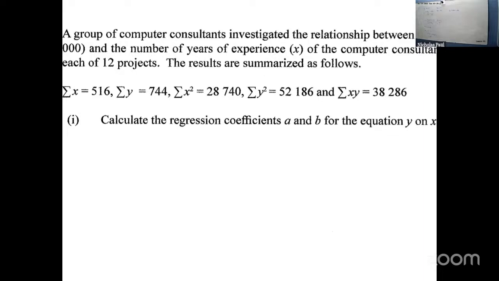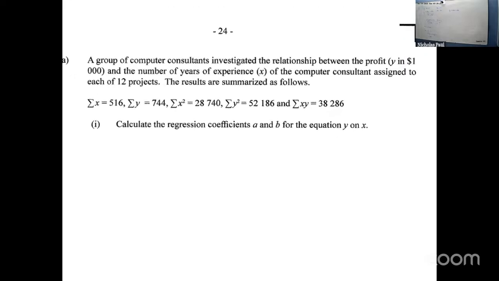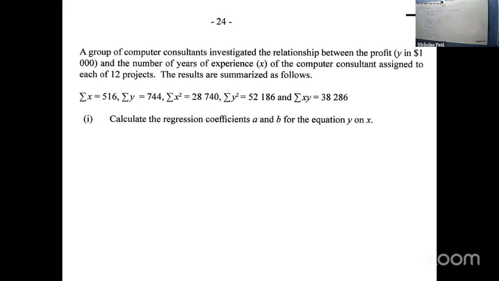Okay, so to be specific, what you really have to say is that there's a very strong positive correlation between the number of years of experience and the profit being made. So you have to be specific on the question.